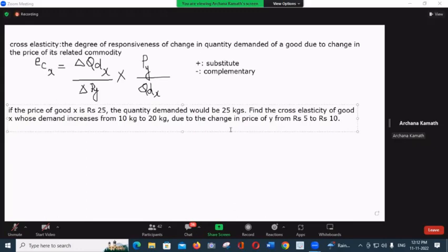Find the value as well. Substitute goods. Okay.